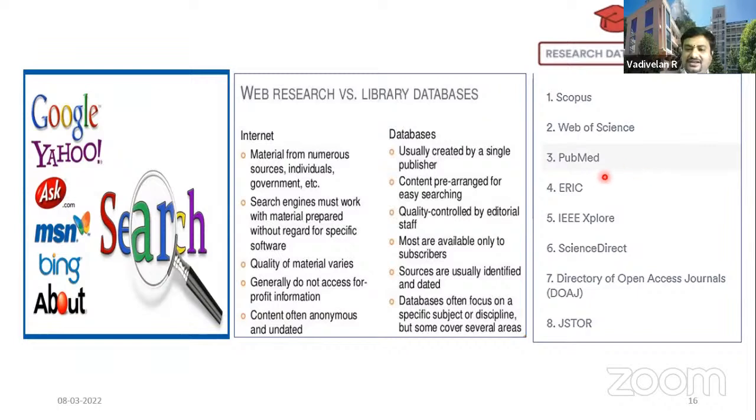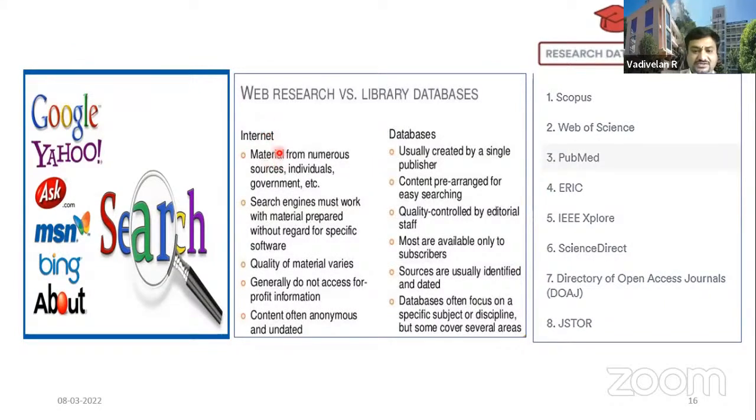Other than that, you have PubMed, ERIC, and mainly for engineering, IEEE Xplore and ScienceDirect, which is sometimes not open access for a particular journal, and DOAJ, the Directory of Open Access Journals, and JSTOR. So what is the difference between a search engine and a database?